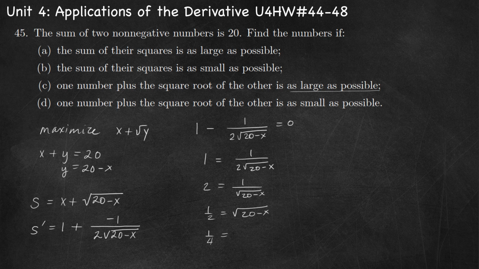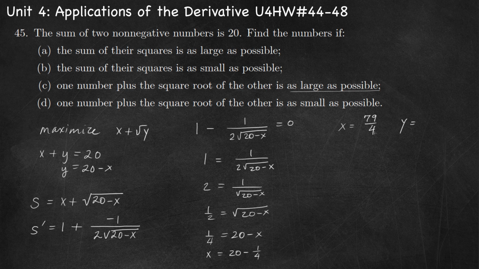I get 1/4 equals 20 minus x, and then solving for x, we get x equals 20 minus 1/4. So x equals 19 3/4, or we can think of 20 as 80 over 4, minus 1 is 79 over 4.